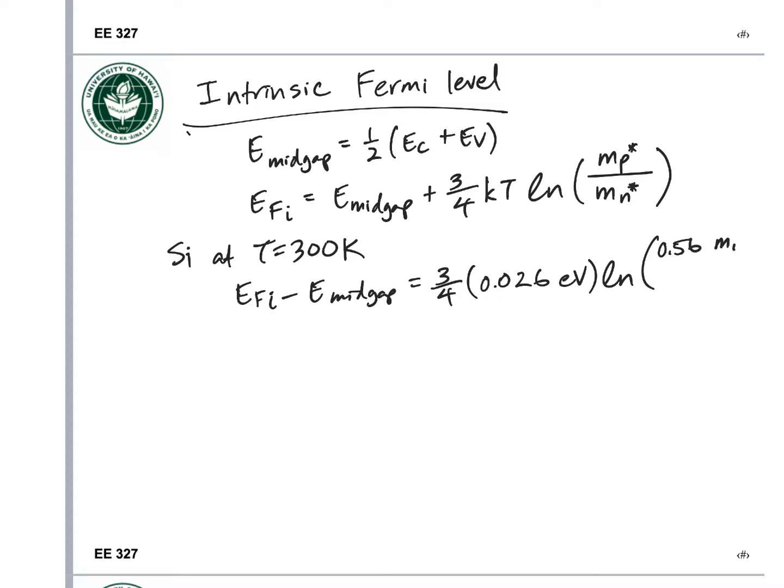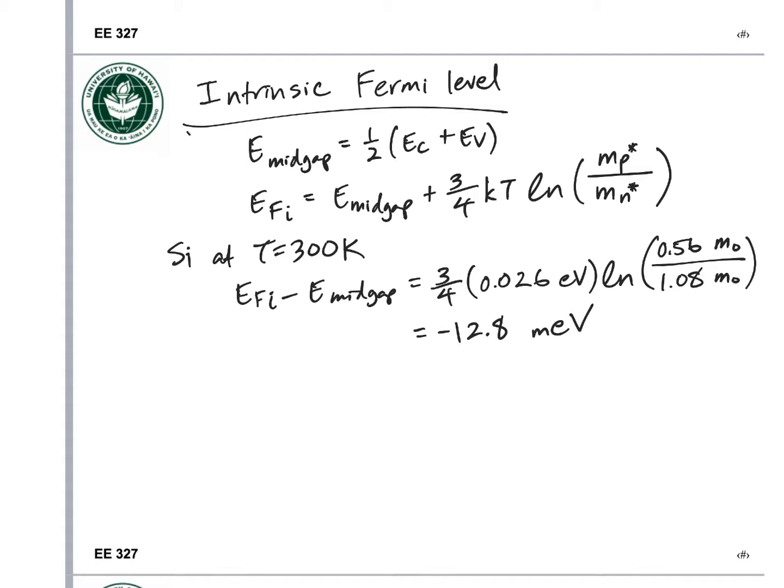Okay, so holes have a different effective mass from the electrons, and we figure out this value. So this is about 13 milli-electron volts. And so the real intrinsic Fermi level is slightly below the mid-gap energy in an intrinsic silicon semiconductor at 300 K.